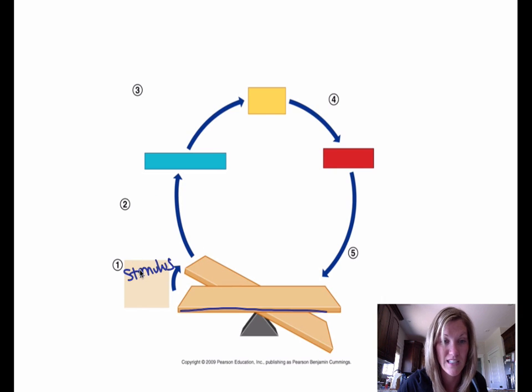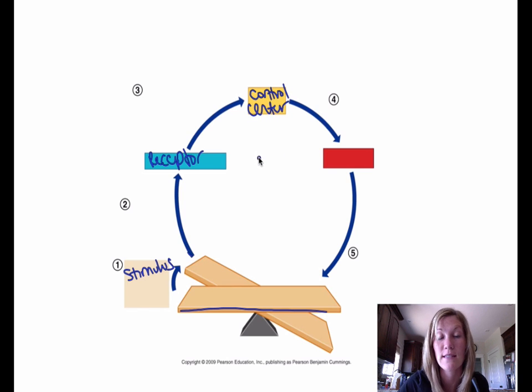After the stimulus, you're going to send that message from the stimulus to a receptor. We'll go back and fill in some of these other ones a little bit later. So we have our receptor. The receptor is going to send our message to the control center.